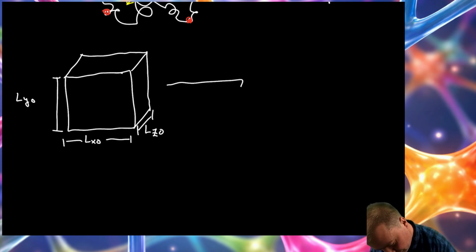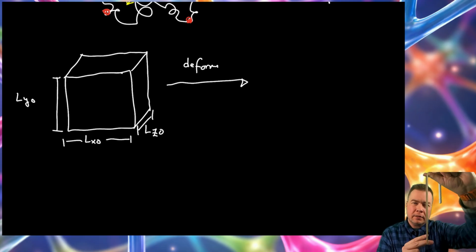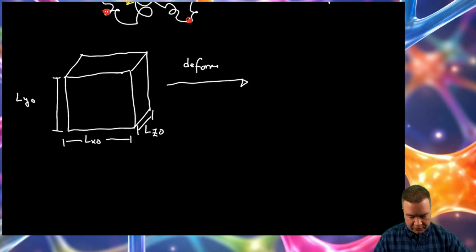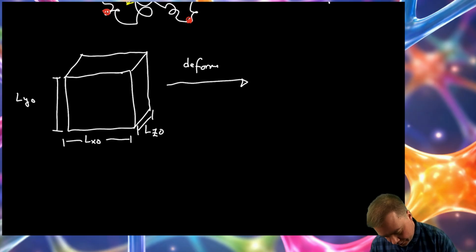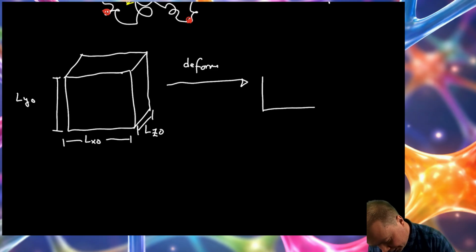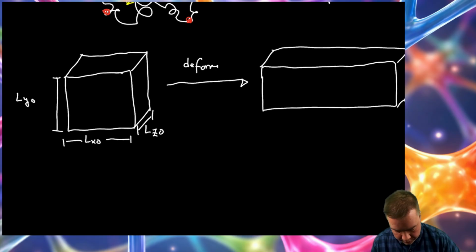So we're going to deform it. And let's just say we pull uniaxially. So it's going to get longer in one direction, and it's going to get thinner in the other directions. That's characterized by something called Poisson's ratio. And so here's maybe what our material looks like. Again, really exaggerating the changes in shape that we observe. Okay, so it's going to turn into something like this.